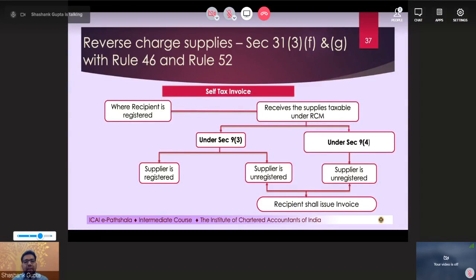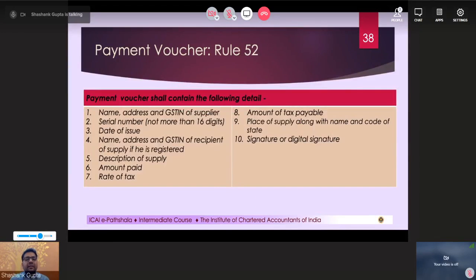So what the law is saying, in case of reverse charge mechanism, the liability to pay tax is on the recipient, plus when he is making the payment to such supplier, there is a liability to issue a payment voucher, plus if the supplier is unregistered, then the recipient is also liable to issue a self-tax invoice. And these are the details to be captured in the payment voucher.